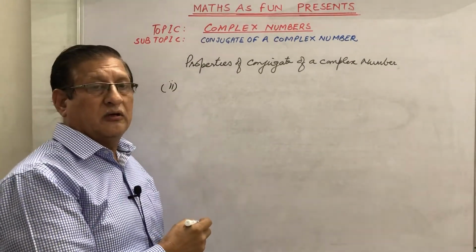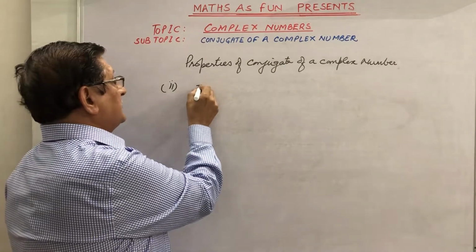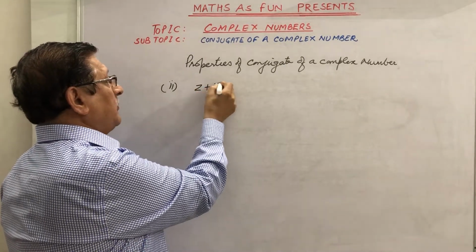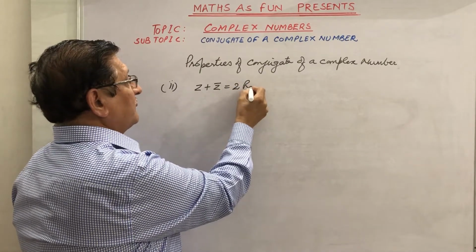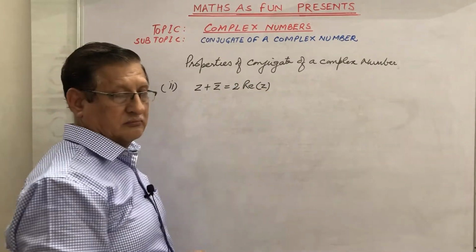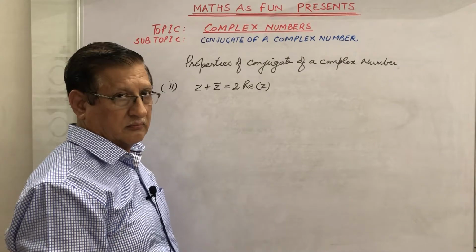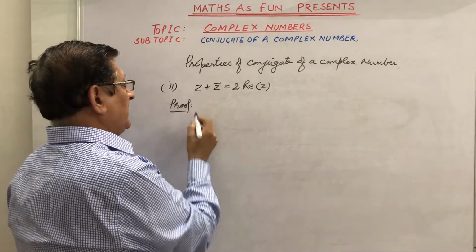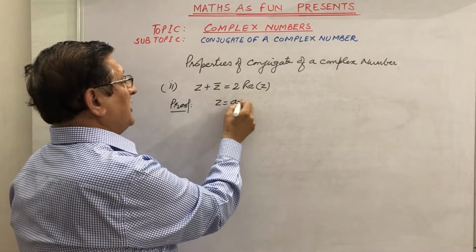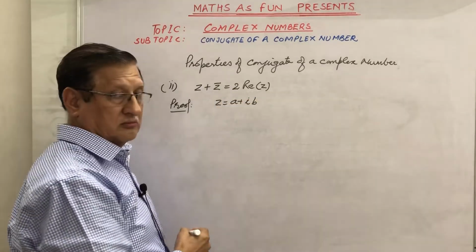The second property is z plus z bar is equal to twice the real part of z. For the proof of it, we take z is equal to a plus iota b, suppose.